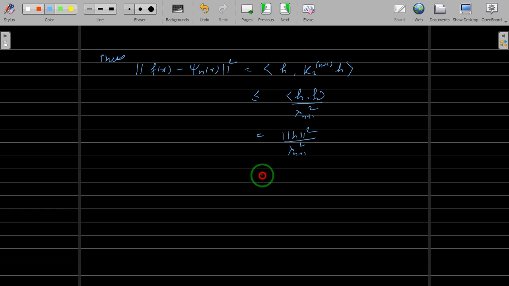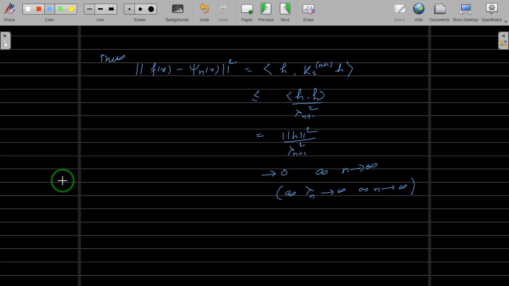This will tend to 0 as n tends to infinity. Why? As we have mentioned, lambda n will tend to infinity as n tends to infinity. So the norm of f_x minus psi_n, the whole square, tends to 0.